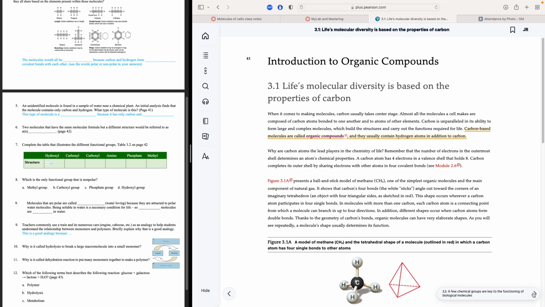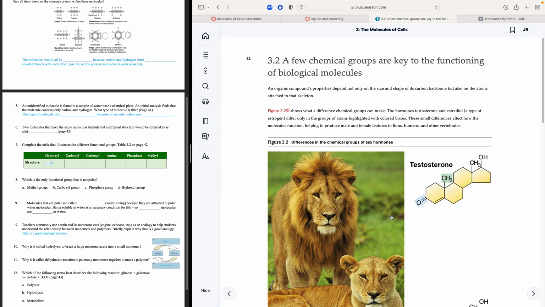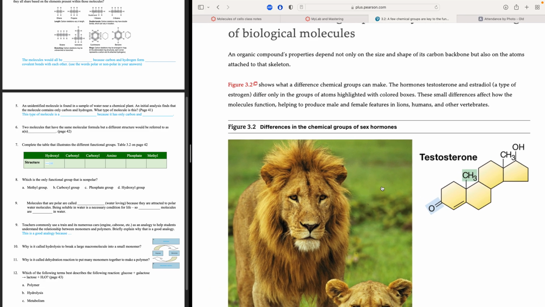And now on to page 2 in the textbook, chapter 3, section 2.